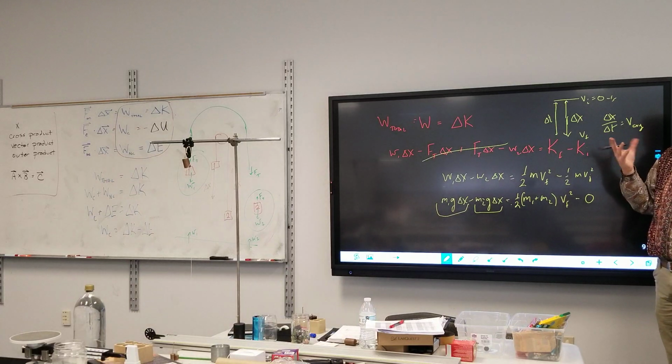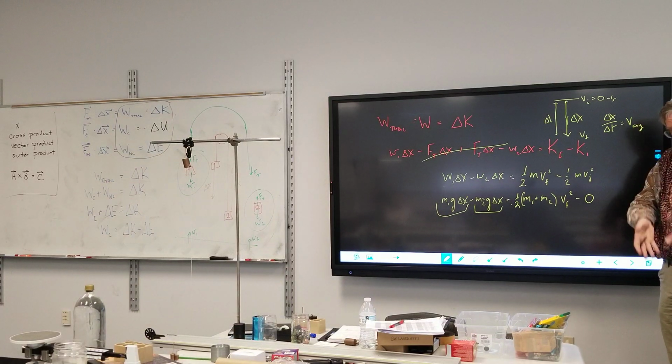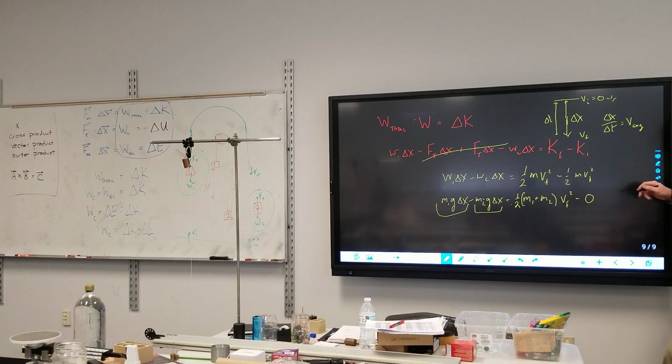We've done the same before except with velocity, but since it's only going in one direction, speed is fine here. I know that my average speed is going to be 1/2 my initial speed plus my final speed. My initial speed is 0, and so my final speed is just going to be 2 times however far it falls divided by the amount of time it takes.